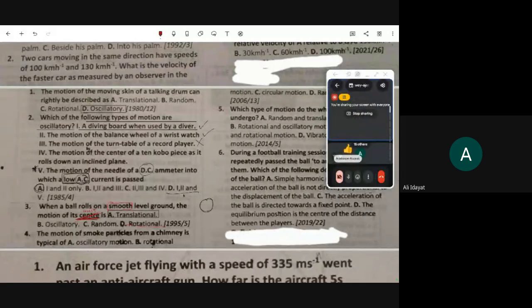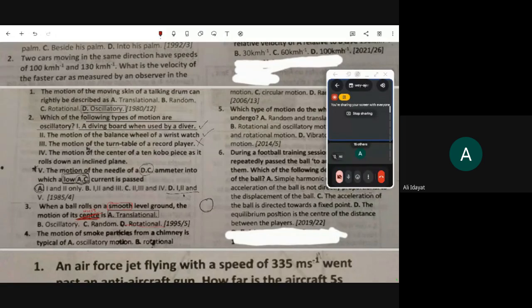If you check JAMB Remix, I am sure that guy is going to pick rotational as the answer to question 3. I am so certain. This question here is 1995 question 5.